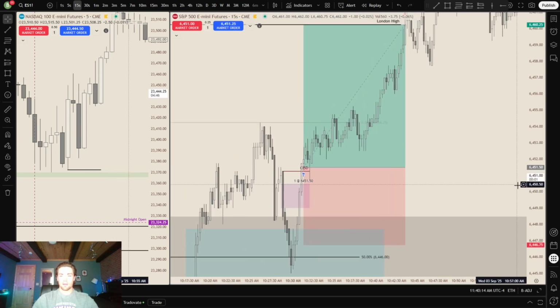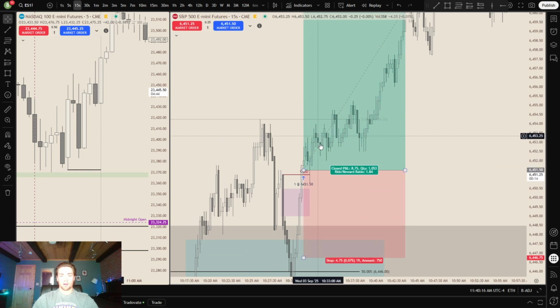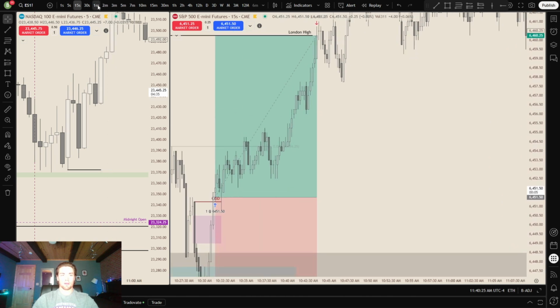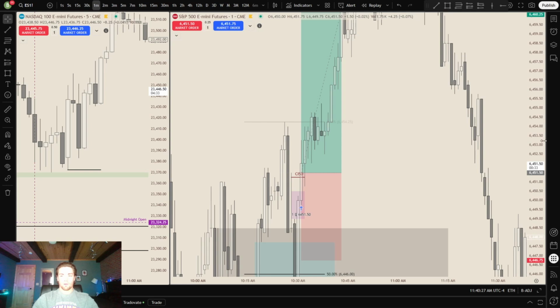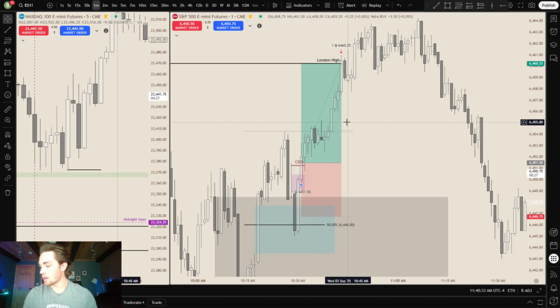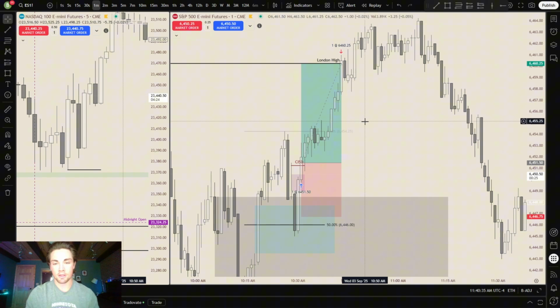And as you can see, after my entry, that played out beautifully. Very minimal drawdown on this wick here, and pretty much continued right up into my take profit for a 1.84 risk reward trade, and I made $850 on this trade.